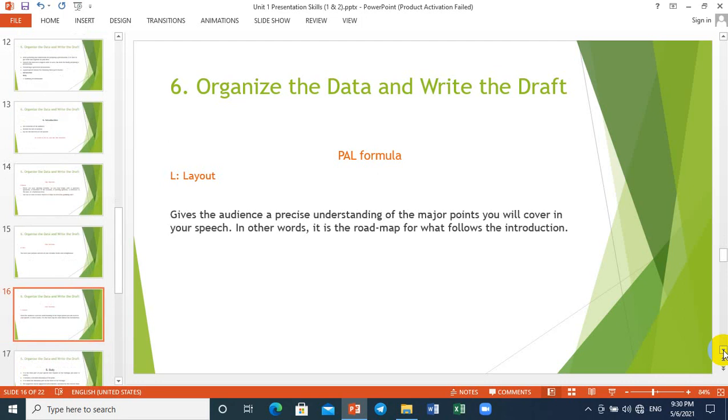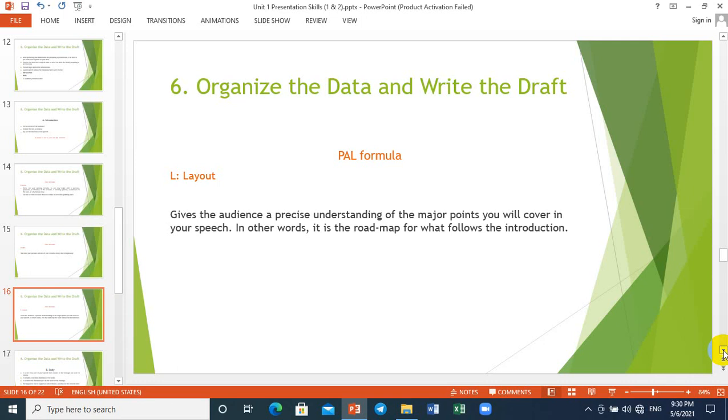And L stands for layout. Give the audience a precise understanding of the major points you will cover in your speech. In other words, it is the roadmap for what follows the introduction.